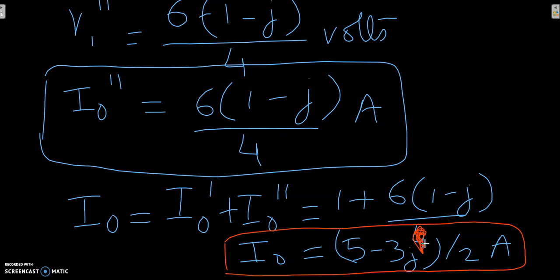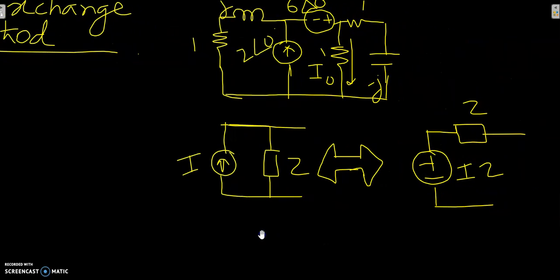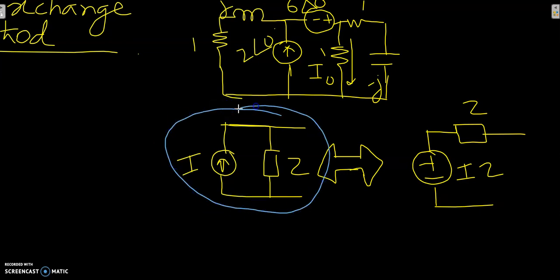Now we will try to apply what is called the source exchange method to find I naught. Okay, so let's proceed. In the source exchange method, basically we use this concept: if I have a circuit like this, I can convert it into this circuit.